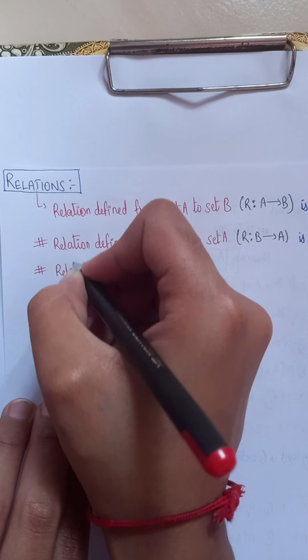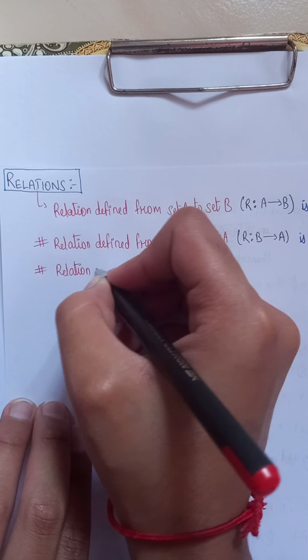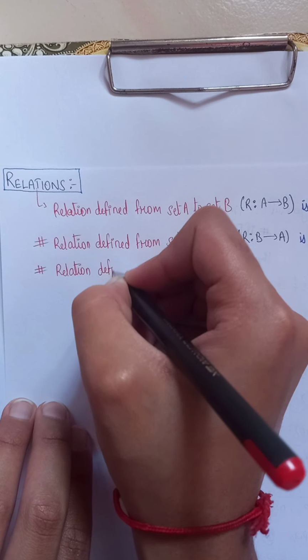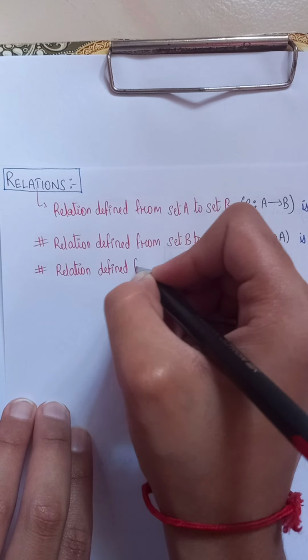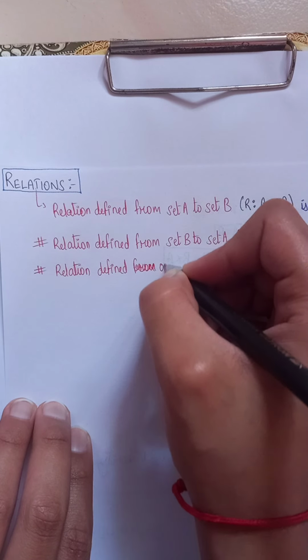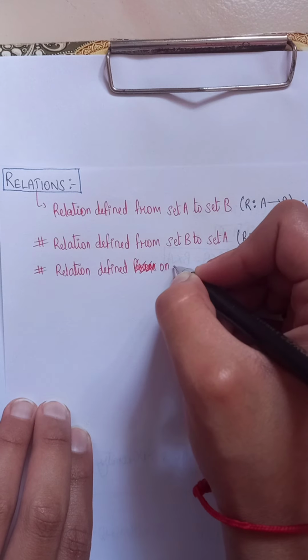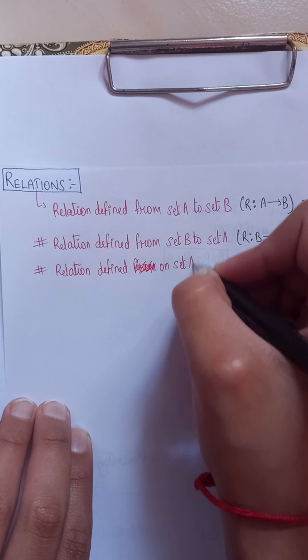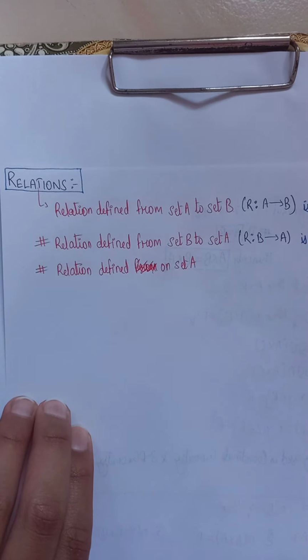Now, relation defined, sorry, not from, relation defined on set A. What is a relation defined on set A?